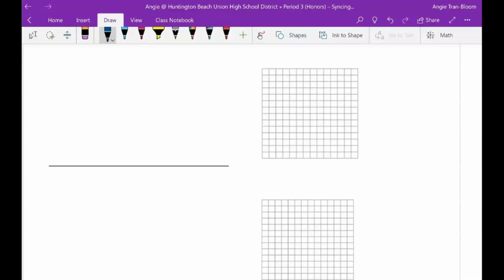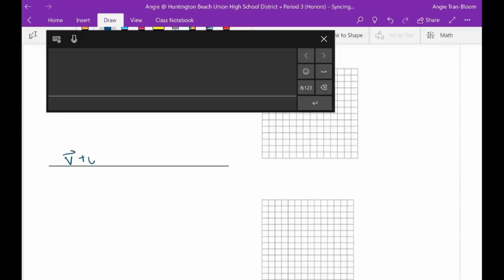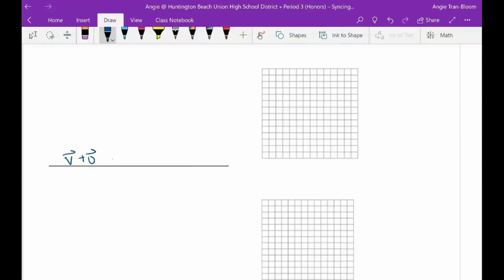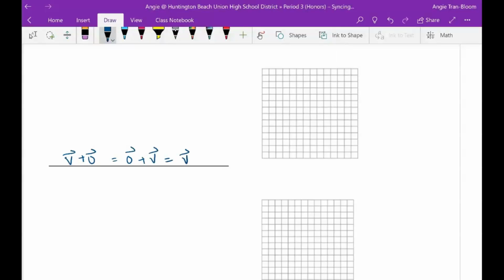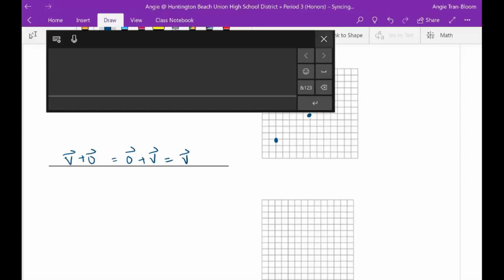Next one, what if you add 0? Remember, the 0 vector doesn't have anything. So V plus the 0 vector is the same as the 0 vector plus V, because it's commutative, which is the same thing as vector V. So let's make up vector V right here. Go up 4, right 5.